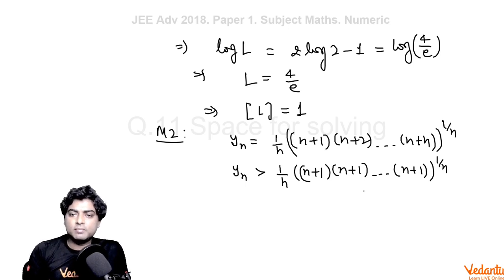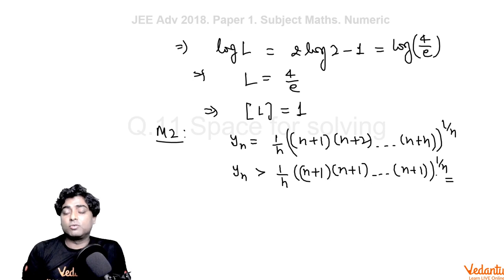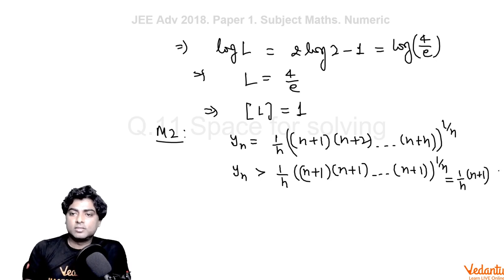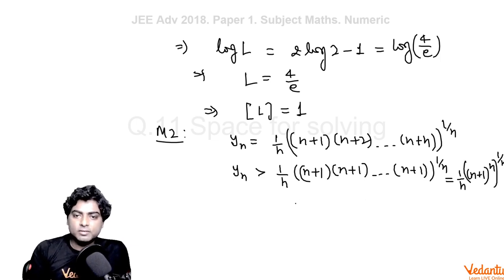So in this way we get n plus 1 whole raised to the power n, whole raised to the power 1 by n, that is, 1 by n into n plus 1, which is 1 plus 1 by n.